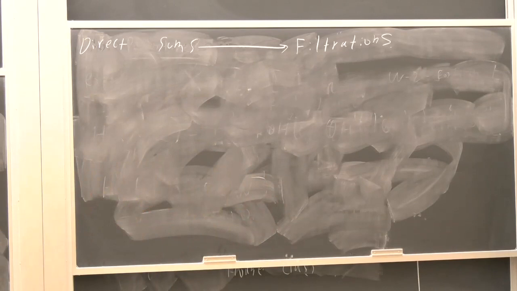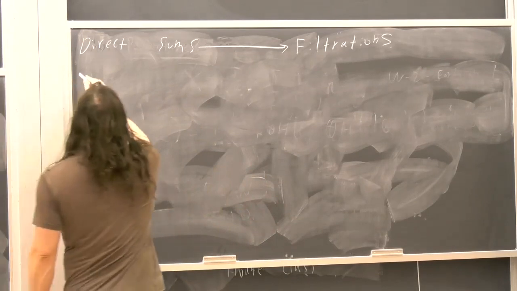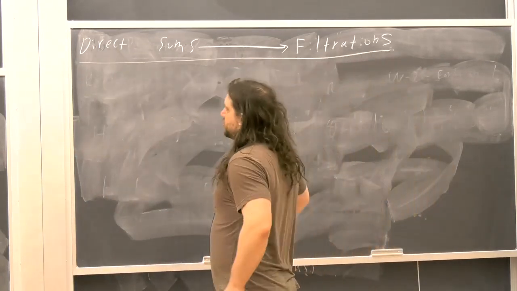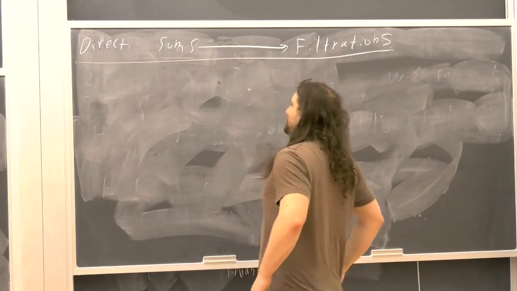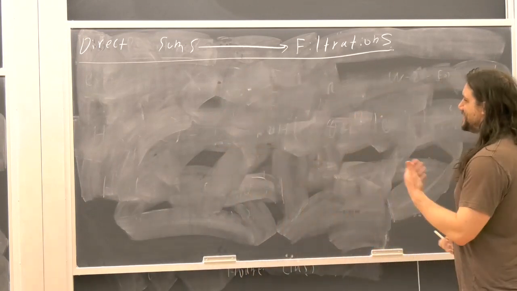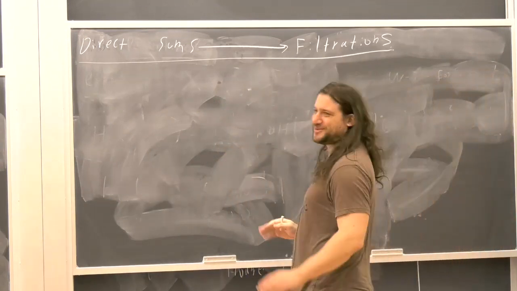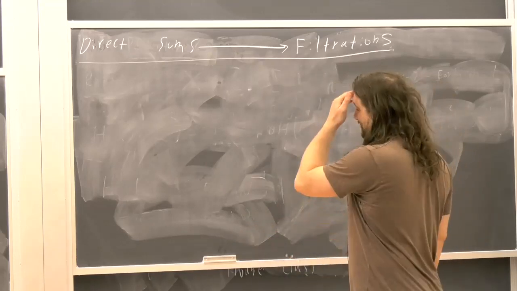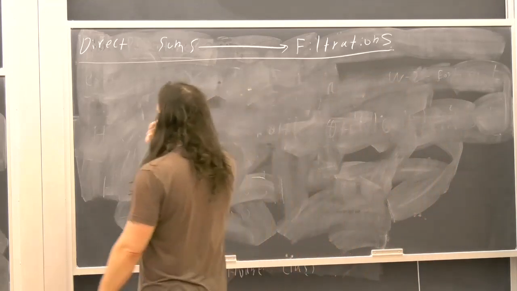So I ask you to bear with me just for a little bit longer. Direct sums and filtrations. This is a very unintuitive step, at least to me. Before I was doing Hodge theory, I kept watching lectures, people kept doing filtrations, and I never understood why. So let me try to motivate why we're doing filtrations in a way that's hopefully clear.